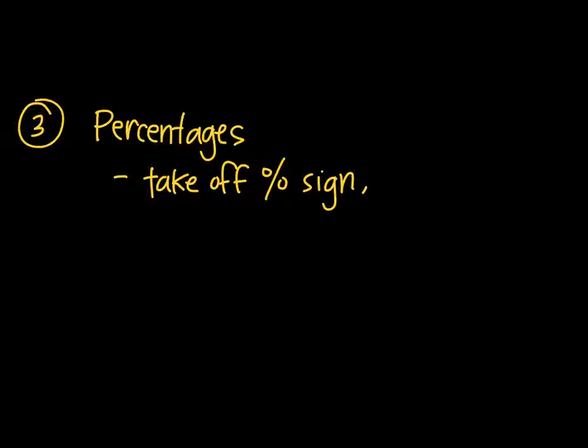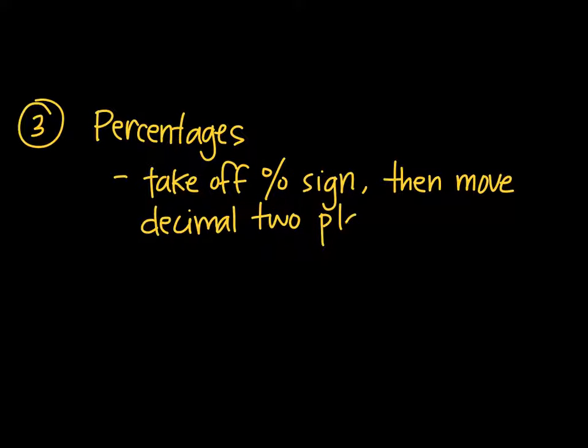So most people remember that. Take off the percentage sign. You're going to move the decimal place 2 spots to the left, but there's a second thing that you have to do, and a lot of people forget that. So let me remind you of that. And then the second part that you have to remember to do is you have to add a variable.